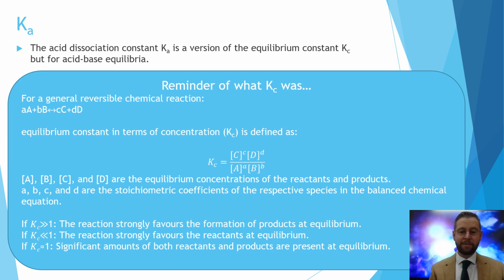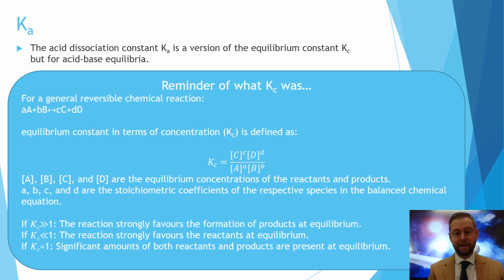And what you can see is we have on the numerator line the products, and on the denominator line the reactants, or equivalently the things on the right and the things on the left. And so what we get is some situations where the numerator wins.